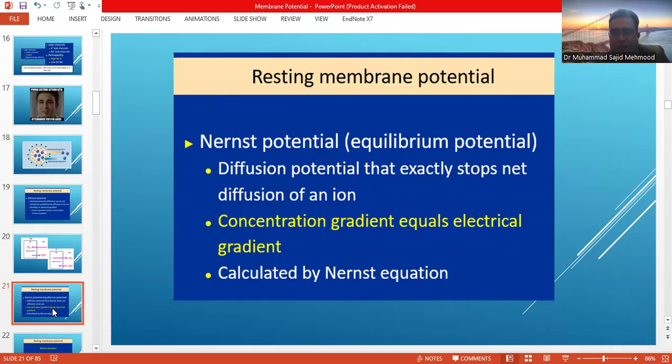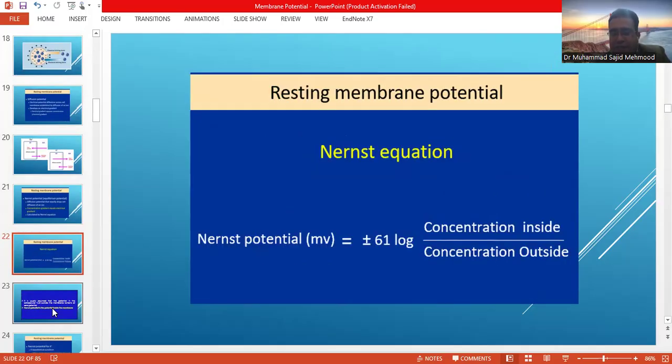So Nernst potential is the diffusion potential that exactly stops net diffusion of an ion, and the concentration gradient equals the electrical gradient. And this Nernst potential is calculated by the Nernst equation.